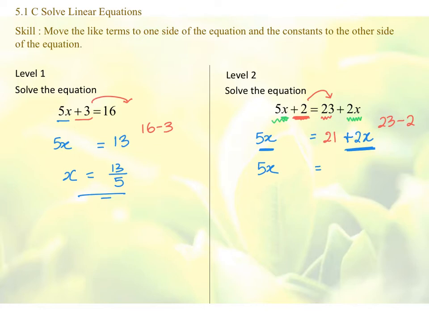I'm going to migrate a positive 2x, this is addition, over to the left hand side. If I'm going to migrate over, I need to undo the operation. This is a plus 2x. So what I'm going to do, I'm going to subtract 2x. And the number 21 stays on the right hand side.